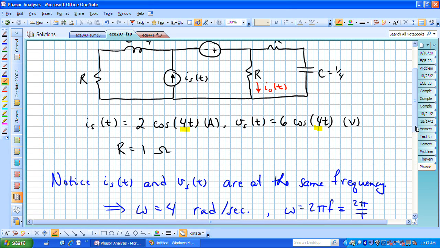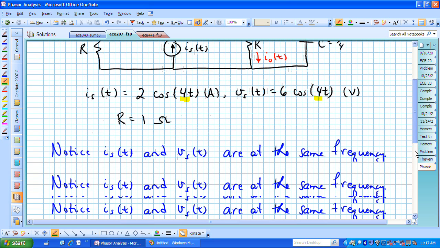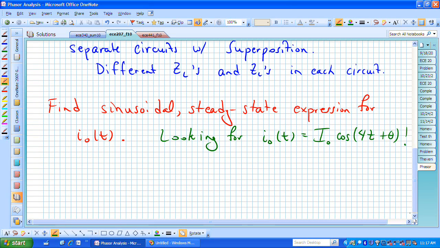and that's after the circuit has reached steady state, which for reasonable values of frequency and inductors and capacitors, is not going to take very long for the transient to die out. It will be 5 time constants from when we energize the circuit. So what we're wanting to do is find this, and we're working with sinusoidal steady state conditions.